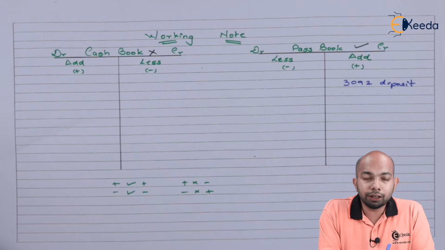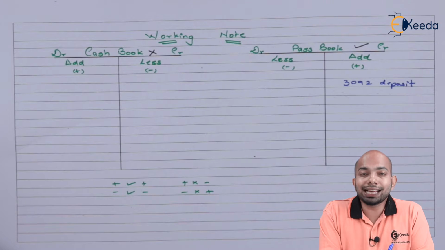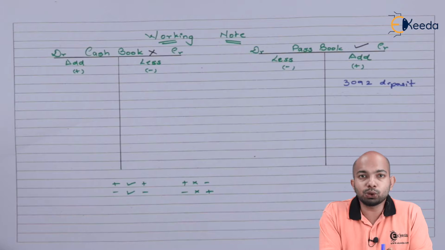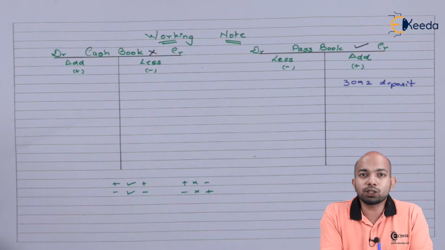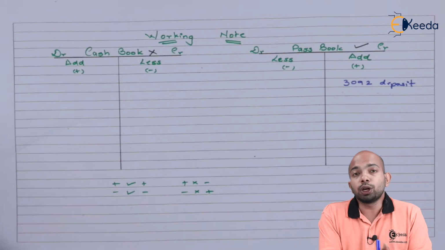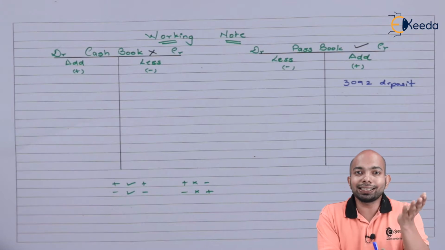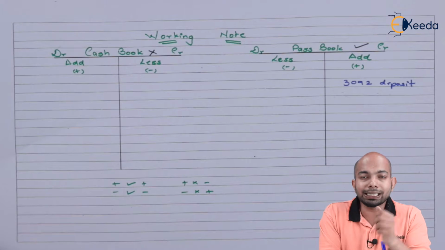Now the next transaction refers to a standing instruction. That means because of the hire purchase transaction, there was an amount of 3000 which was supposed to be debited every month. But this was not mentioned in the cash book as the details were not available. Now, the first effect will be in the passbook as there is a direct debit happening. That means the amount is directly getting debited from your bank account.